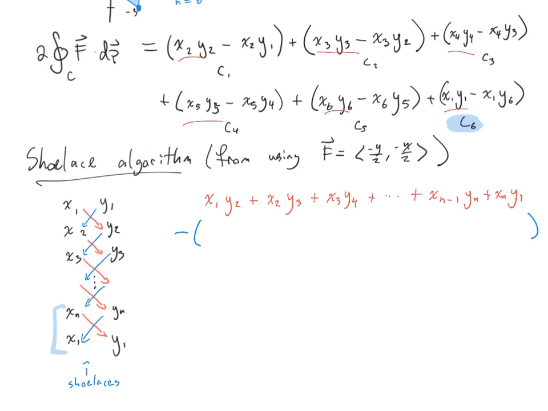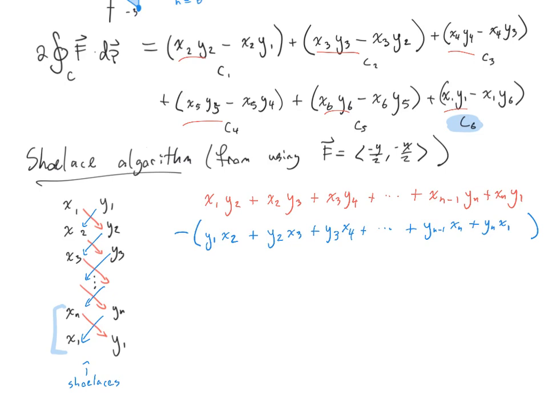So that formula looks like y1 x2, so you can kind of just think about flipping the coordinates above, y2 x3, y3 x4, yn minus 1 xn, yn x1.